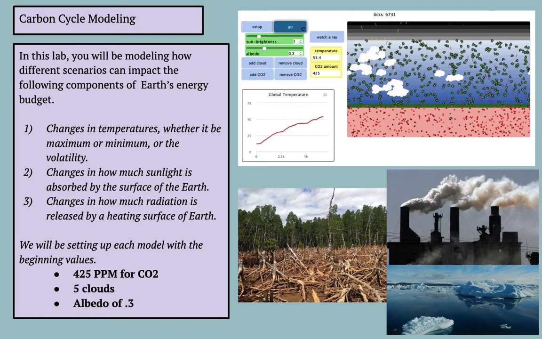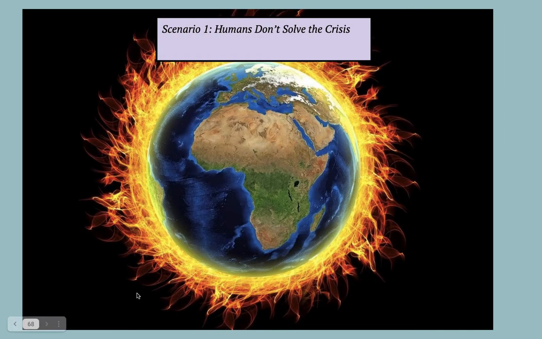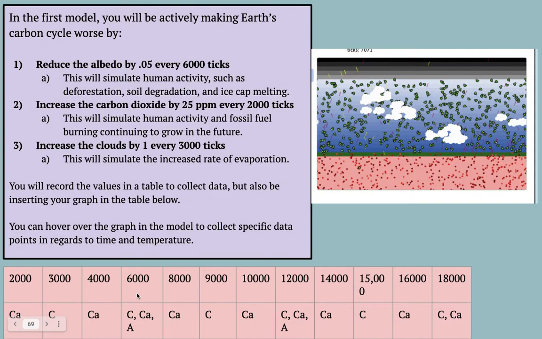So within our first carbon modeling cycle, we set up Earth as it is: 425 parts per million, 5 clouds, an albedo of 0.3, and we basically said humans don't solve the crisis, where we added 0.05 as an albedo every 6,000 ticks because of deforestation, soil degradation, ice caps melting.